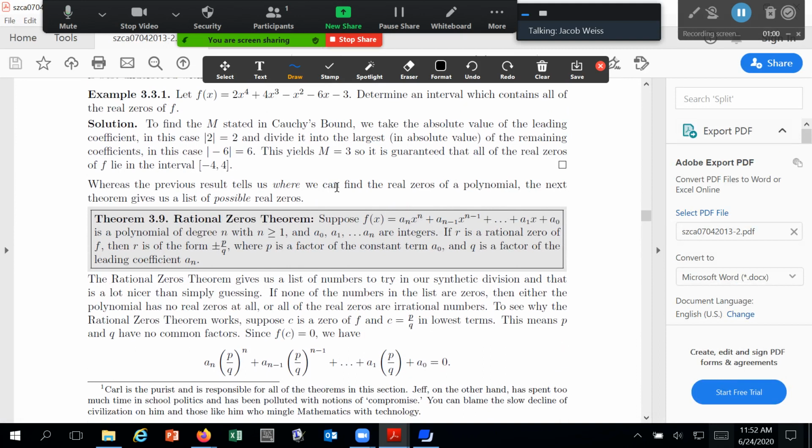The rational zeros theorem says, suppose we have a polynomial of degree n, so n is the biggest power of x, and all we have to do is look at this a sub n coefficient, and the a sub 0 coefficient. Any rational root or rational zero of this polynomial has to have the form p divided by q, positive or negative, where p is a factor of a sub 0 and q is a factor of a sub n.